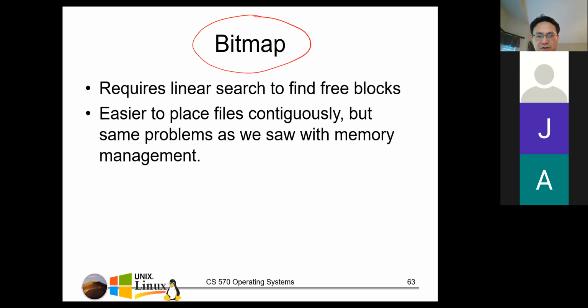And that search can be very expensive, okay? So searching a bitmap for a consecutive sequence of blocks of a given length is a very slow operation, okay? So that's a big drawback of using the bitmap.